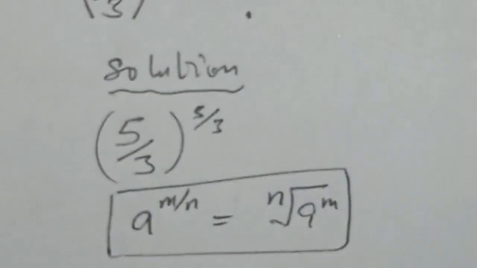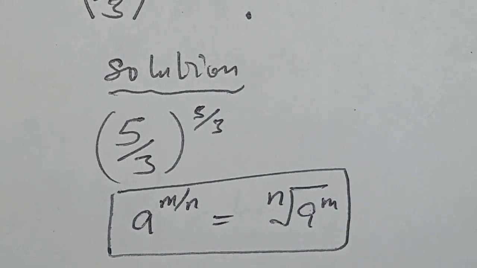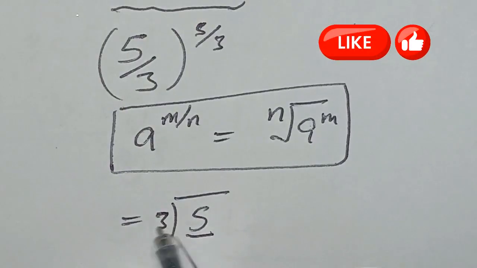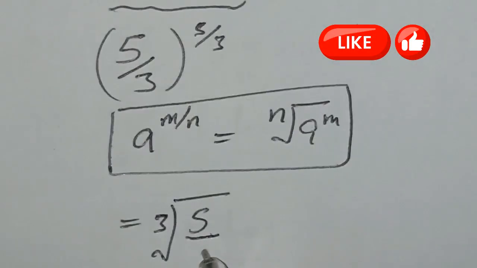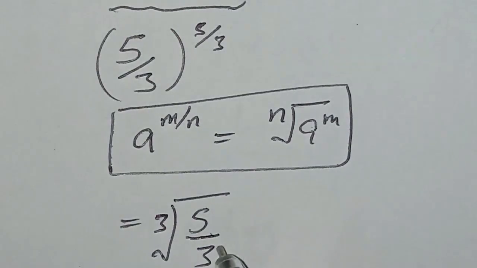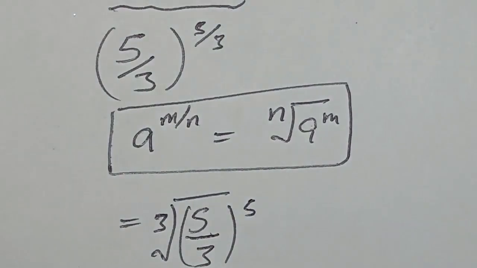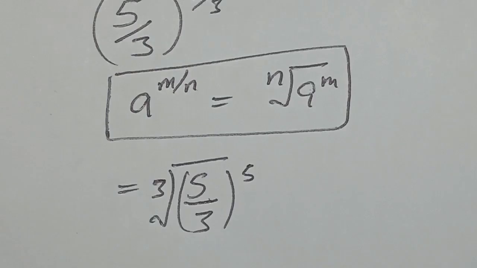So what we have from our question is equal to, using this identity, the cube root of 5 over 3, all to the power of 5. Now we raise the numerator and the denominator to the 5th power inside the cube root, as you can see.